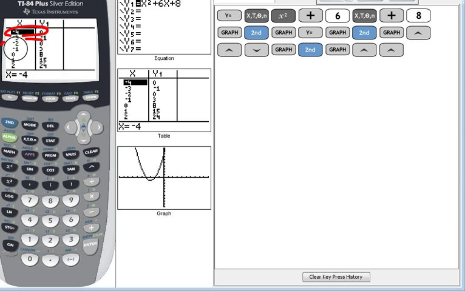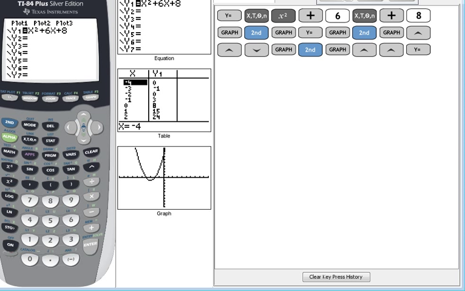Y equals, and the function that we're putting in is x squared minus 4x plus 4. We graph this one.